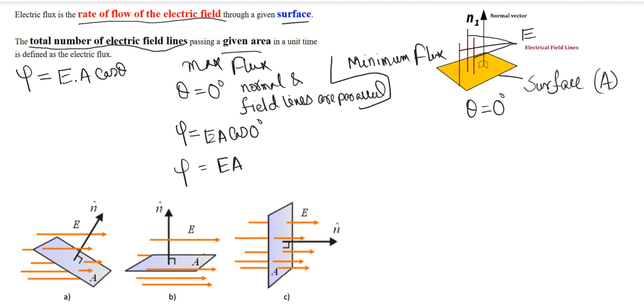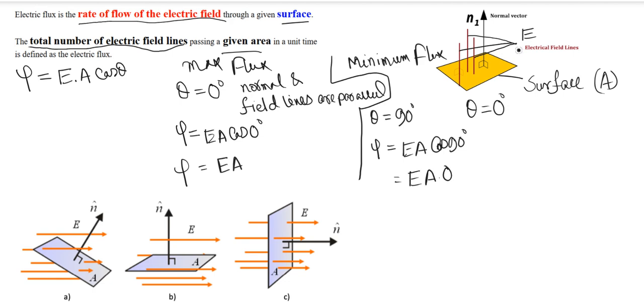Now it's time to find the value of the minimum. Let's consider theta equals 90 degree. In that case, phi equals E times A cos of 90 degree. We know the value of cos 90 degree is 0.